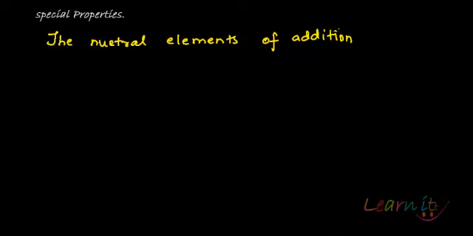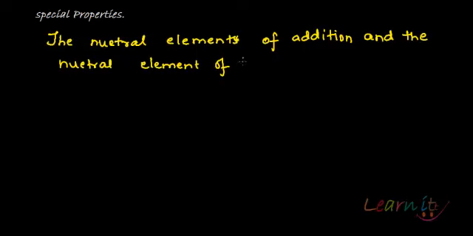We have seen 5 addition and 5 multiplication properties of a field, right? And the neutral element of multiplication, not elements, element, are actually unique.